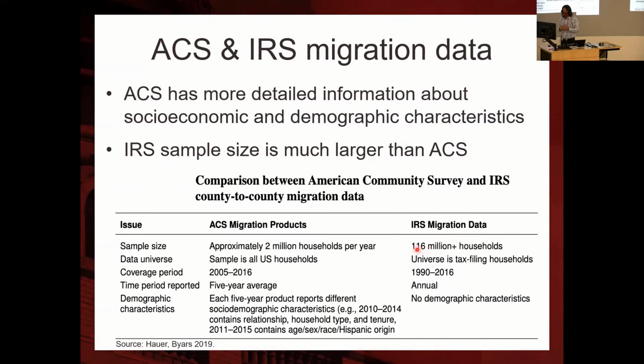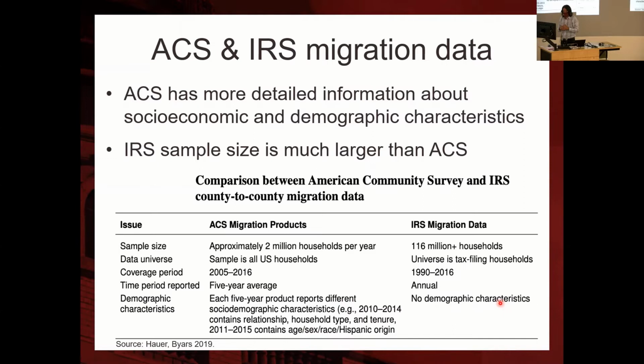IRS data, since we have such a big sample of households, we do not have to group them for a group of years. And also because that's the limitation of IRS data. When we fill out the forms in IRS, we do not provide all this detailed information about ourselves and other people in our household. There are no demographic characteristics collected there. So actually we cannot break down this sample by specific characteristics of people, right?